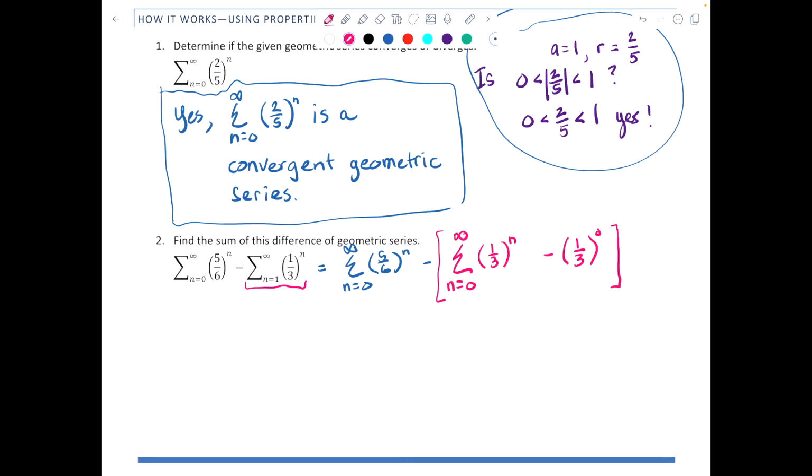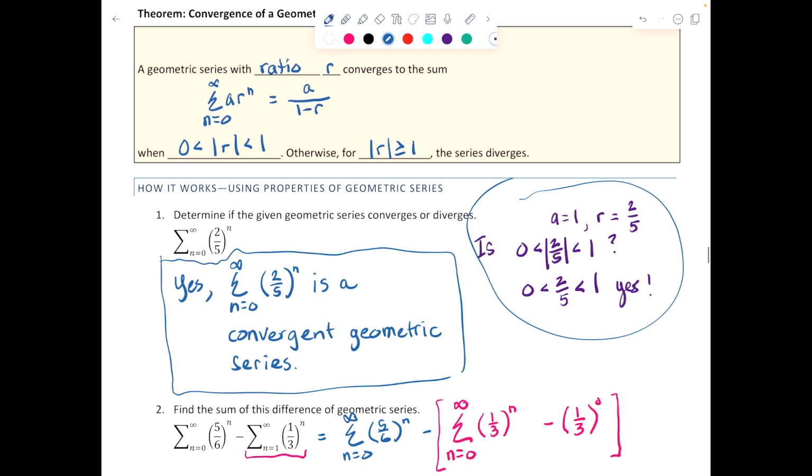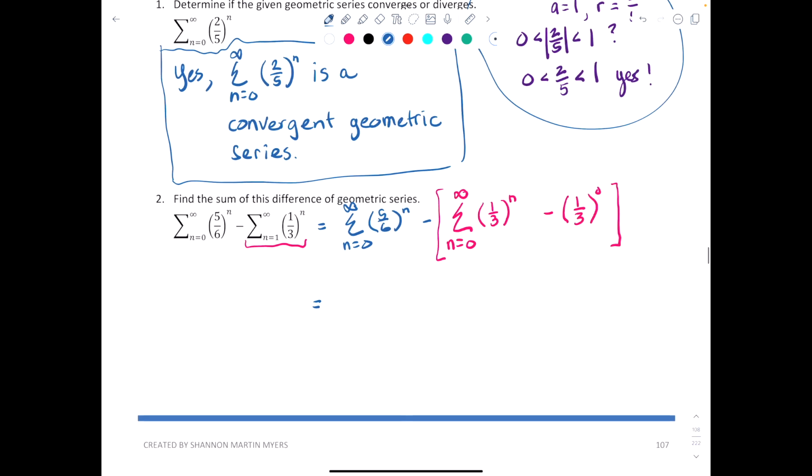So let's see what we've got going on. So now we have, this will equal 2. So for our first one, again, on both of them, really the A is 1. So the infinite sum, remember, will be A over 1 minus R. So 1 over 1 minus 5/6 for our first one.